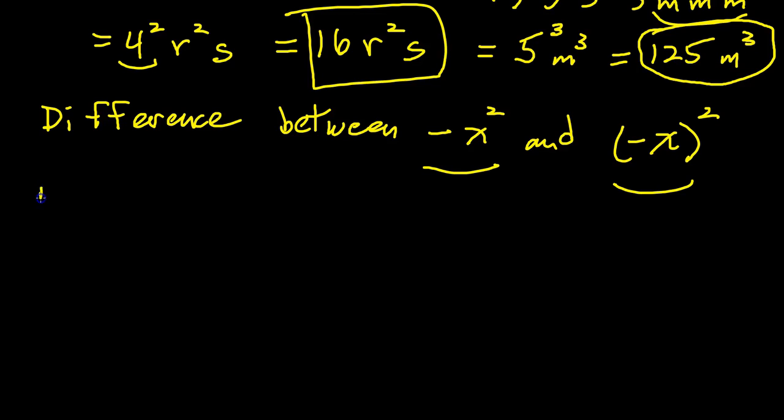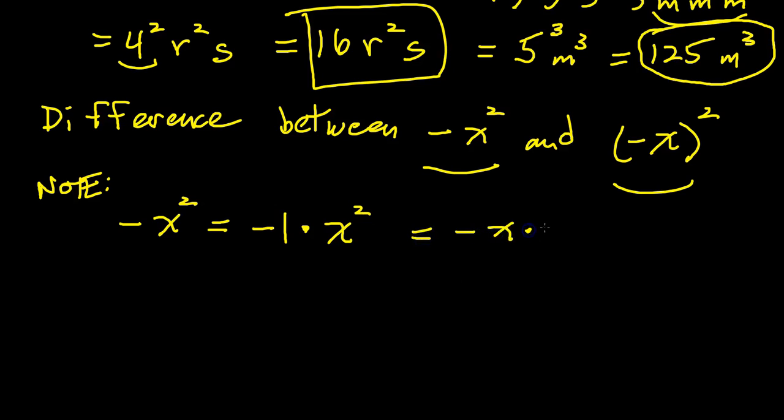So please note, if I'm looking at minus x squared with no parentheses, that is equivalent to negative 1 times x squared, or an x squared expression with a coefficient of negative 1, and that's going to be the negative of x times x, will it not? In contrast, let me do this in a different color.